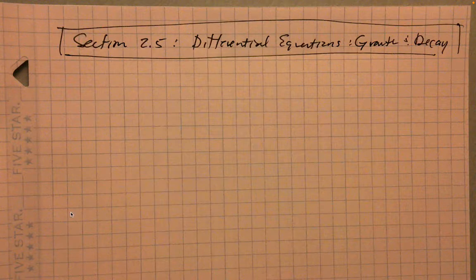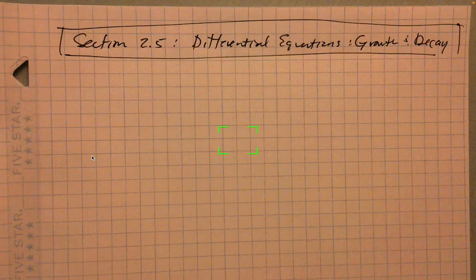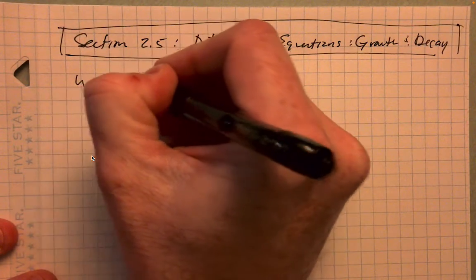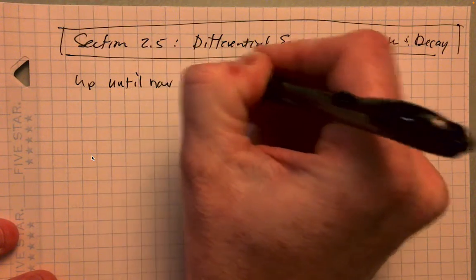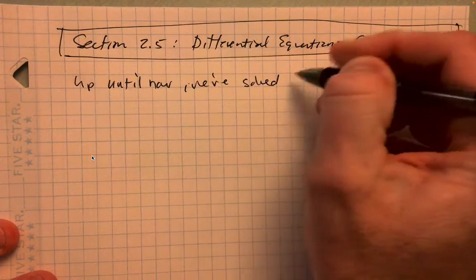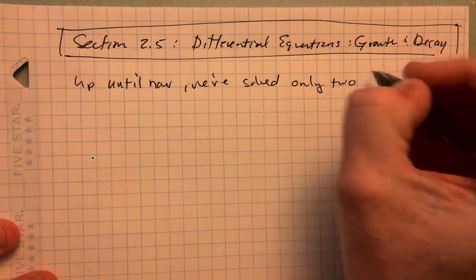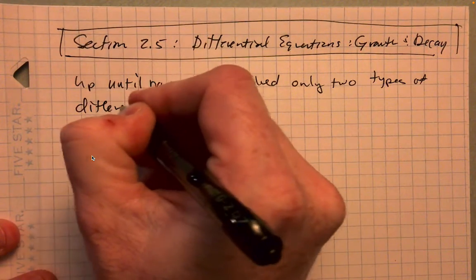Up until now, we've talked about differential equations here and there, not really in any systematic way. We have solved only two types of differential equations.